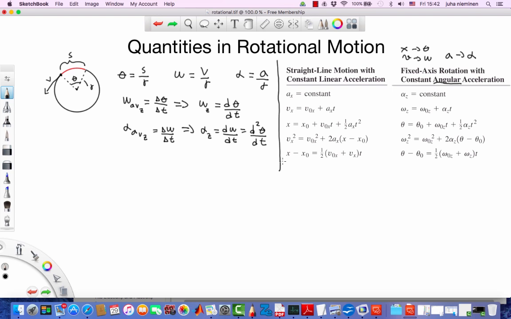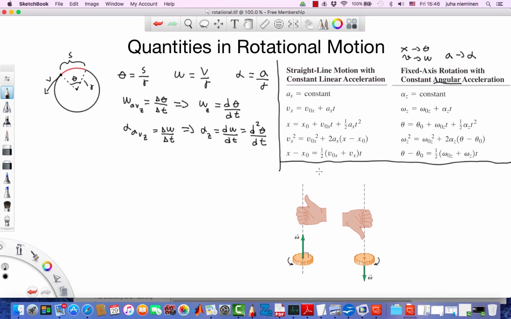As you are aware, velocity and acceleration and also displacement were vector quantities in the linear world, and so are angular velocity and angular acceleration as well. And how does this concept translate to something that goes around a central point, for example?